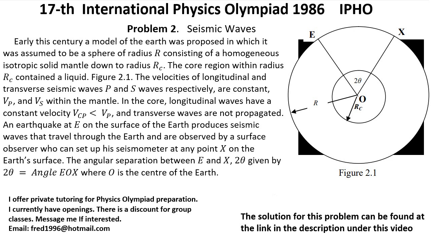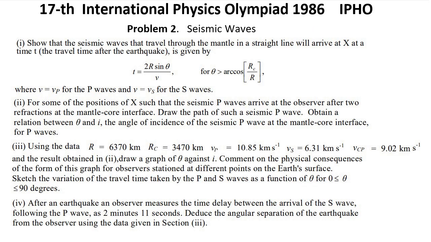An earthquake at point E on the surface of the Earth produces seismic waves that travel through the Earth and are observed by a surface observer who can set up his seismometer at any point X on the Earth's surface. The angular separation between E and X is 2 theta, given by angle EOX, where O is the center of the Earth. Question 1.